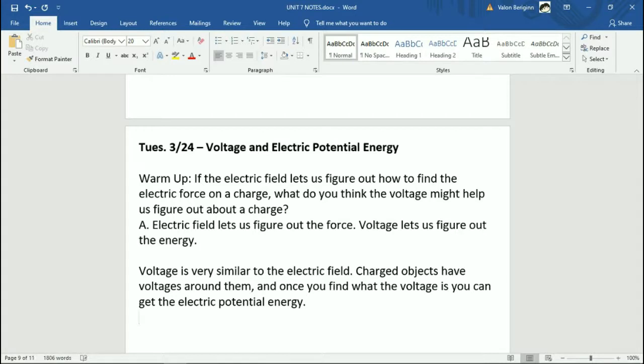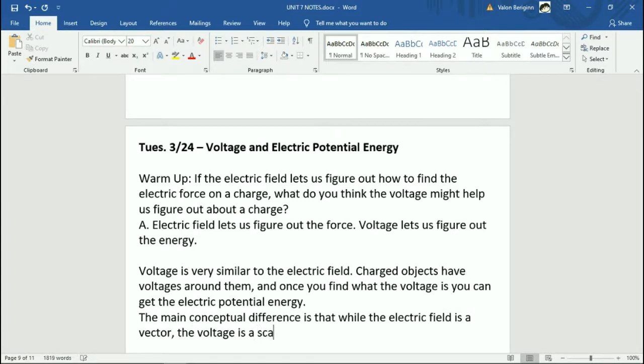So, the main conceptual difference is that while the electric field is a vector, the voltage is a scalar. Okay, so all this stuff we've done in terms of direction involving the electric field, you don't need to worry about that involving the voltage.